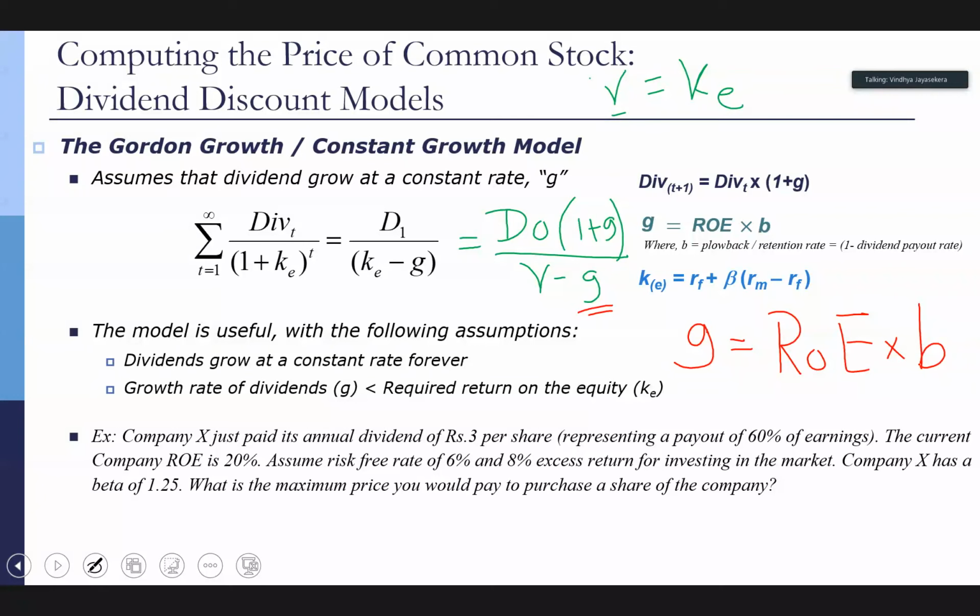The growth inside the company is the return that I earn on my equity as a percentage of how much money I keep back inside the company to earn this return. So ROE is my target ROE, and B is what we call the plowback ratio or the retention ratio. It is equal to 1 minus dividend payout because it's about how much money I keep inside the company. Any questions?